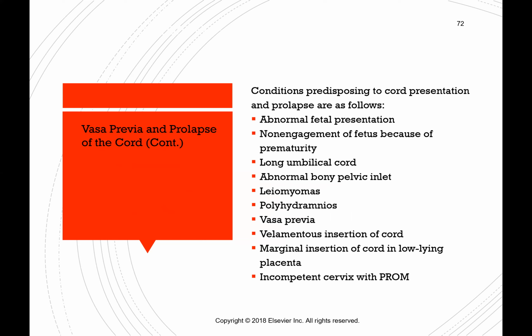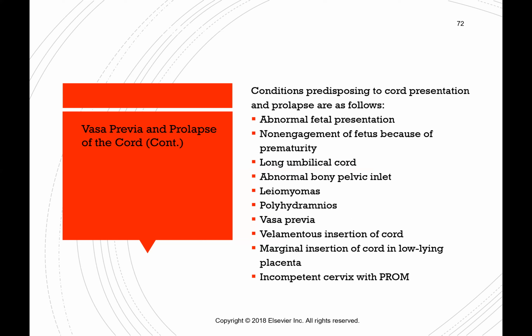Conditions predisposing to cord presentation and prolapse are as follows. Abnormal fetal presentation. We want the baby to be head down, vertex. During delivery, if they're in a different position, that could cause prolapse.